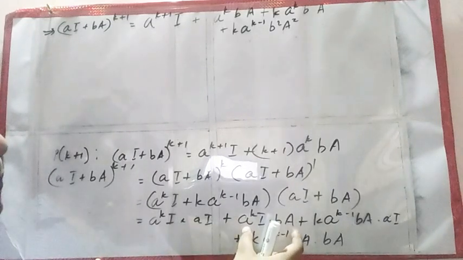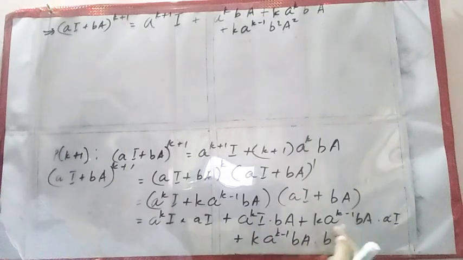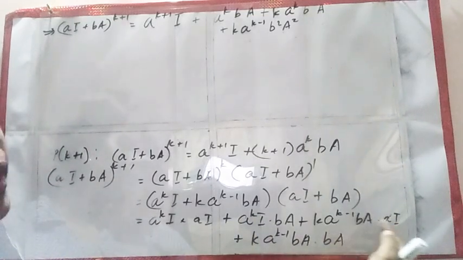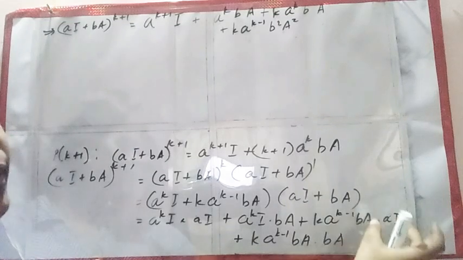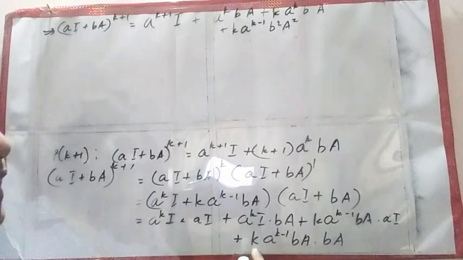So here we are multiplying a raised to k into b and I into A. So next in this term we are multiplying k a raised to k minus 1 b into a, and then it is multiplied with A into I. So in the last term it becomes a raised to k minus 1 b into b. That scalar quantity is multiplied with the matrix A square. So hence we get this result.